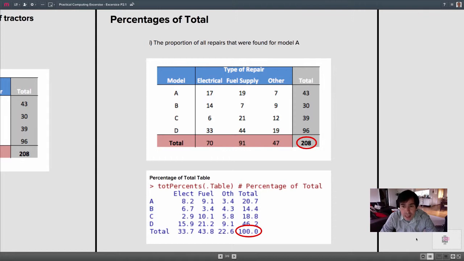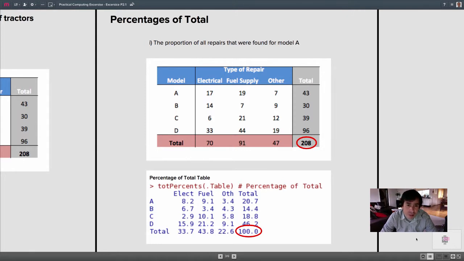Multiply this result by 100 to obtain the percentage. By looking at the table created in R, we can conclude that the proportion of all repairs that were found for model A is 20.7%.